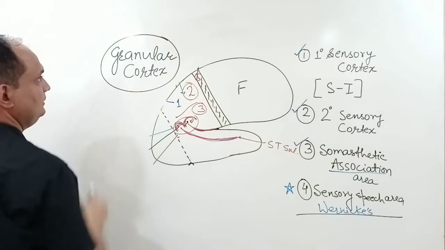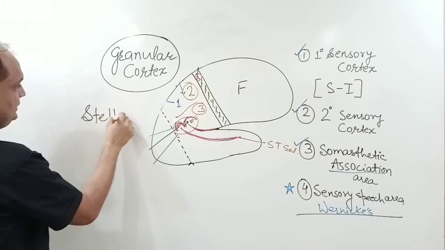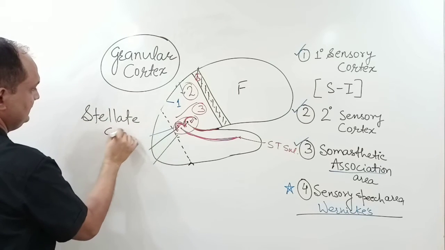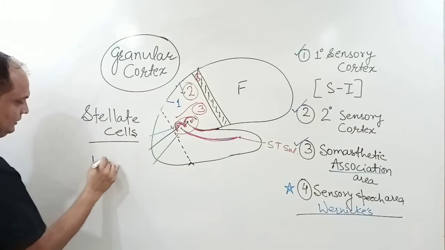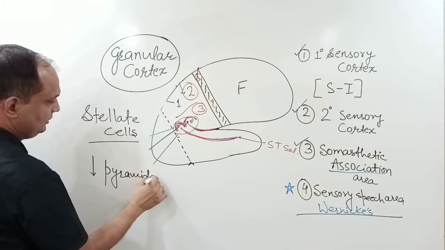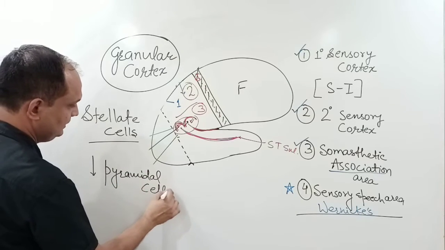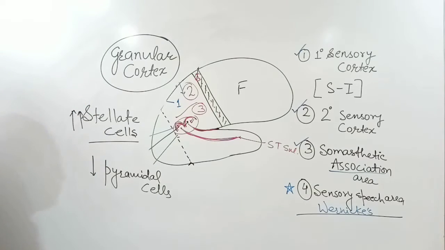Why is this granular cortex? Because it has a large amount of stellate cells and very few pyramidal cells. The pyramidal cells are very few in number, while the stellate cells are the most important cells seen in the primary sensory cortex.